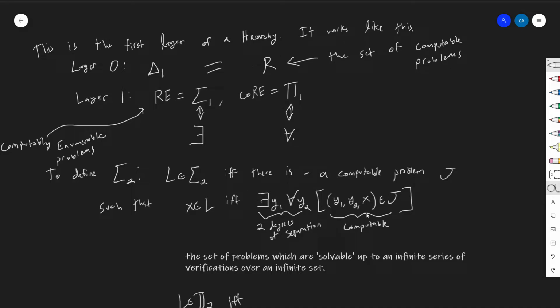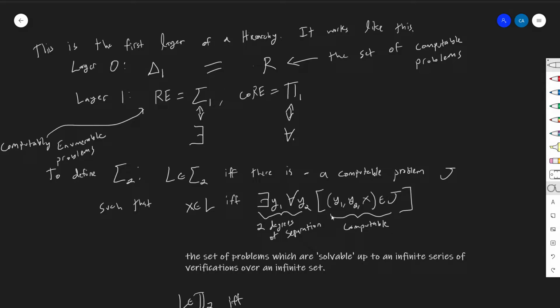And so what I'm really saying here is that a language is in sigma 2 if and only if it's computable up to an infinite sequence of checks, each of which requires a search over an infinite set. Each thing that you're searching through requires infinitely many checks. It's computable up to an unbounded while loop, where each thing in the while loop is an infinite for loop, is basically what it means to be in here.